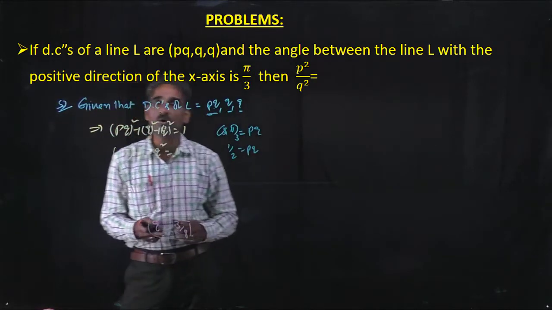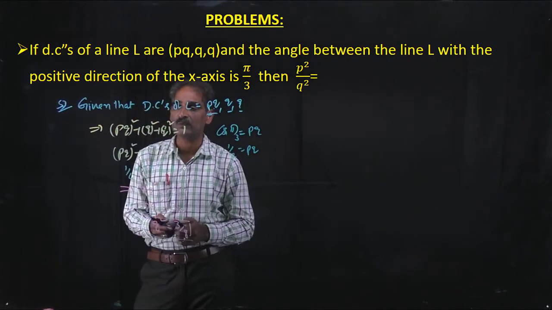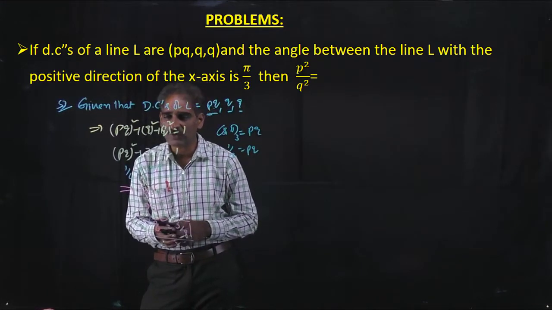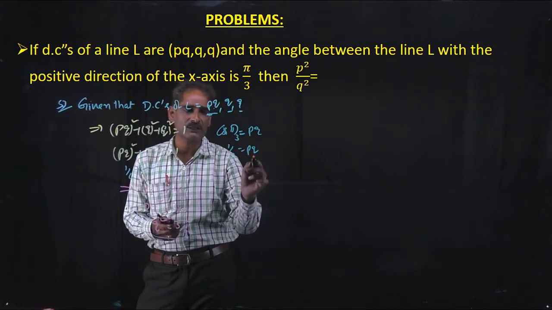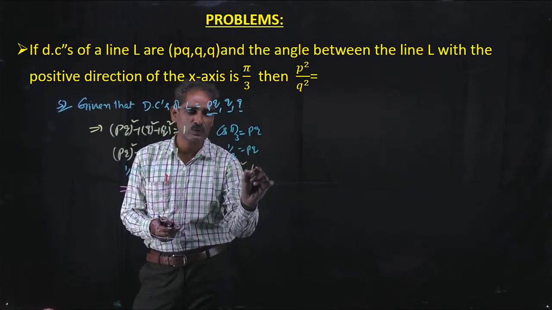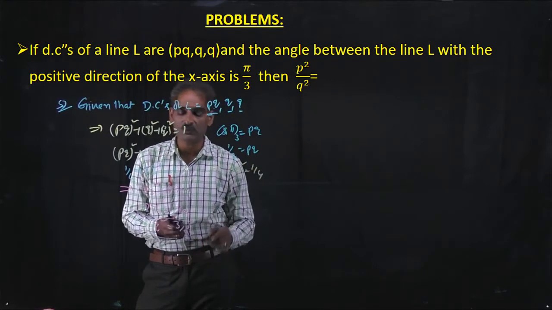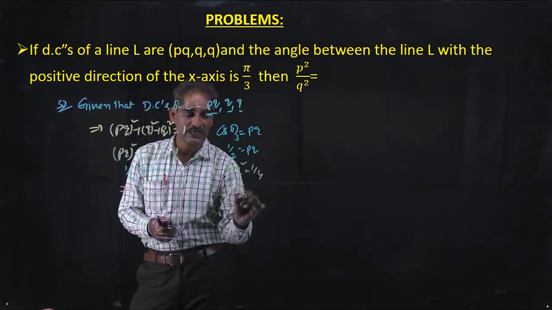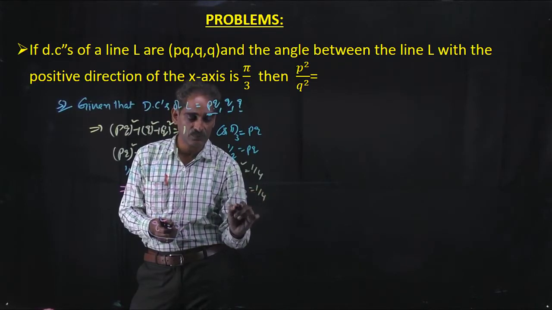Now find the p square value, then we can find the required value. How can you find the p square value? From this, p q square is equal to 1 by 4, and q square is equal to 3 by 8. That means p into 3 by 8 is equal to 1 by 4.